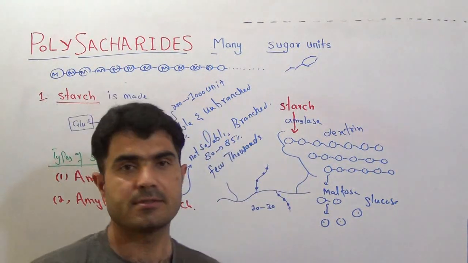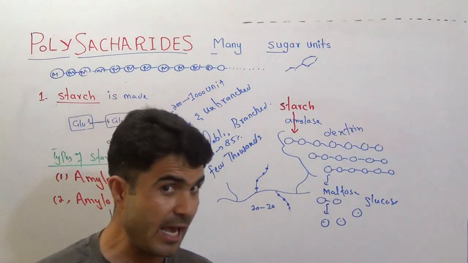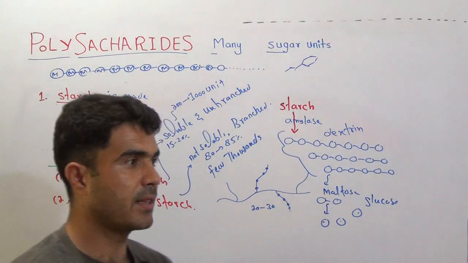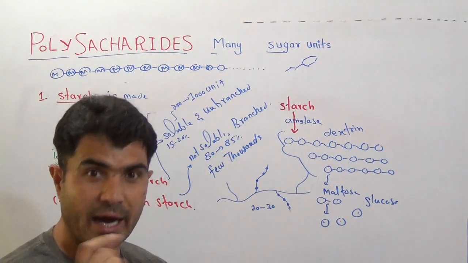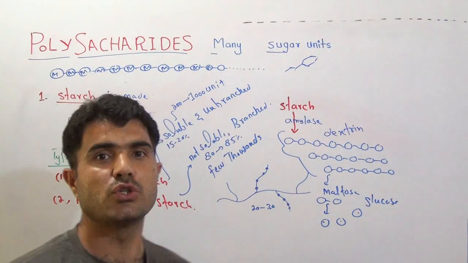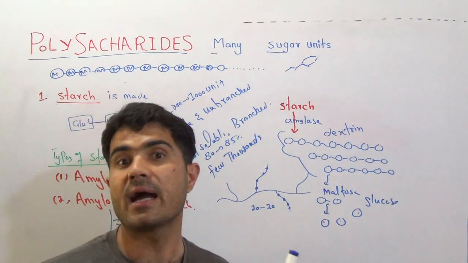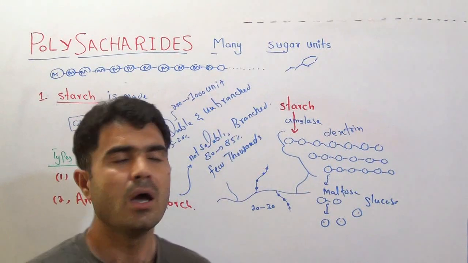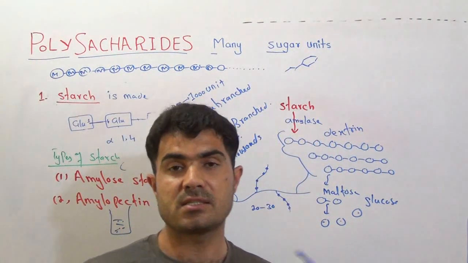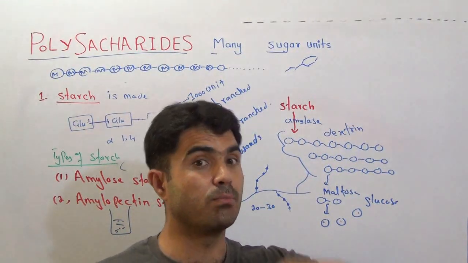Inside the dextrin, I have some more points for you. If you see the color test with iodine, if we take iodine and mix it with starch, you will get some color, and that color will be the identification. In the lower classes, we saw that when you mix starch with iodine, you get blue color.